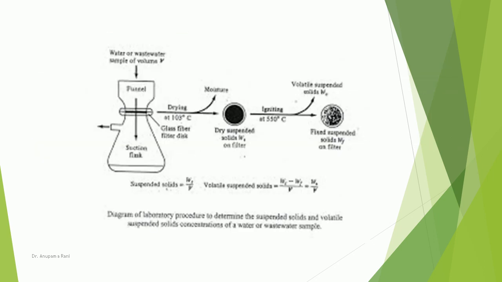In this diagram you can see how fixed suspended solids are filtered out from the wastewater in laboratory conditions. First, the water is dried to obtain dry suspended solids. Further, it is ignited at high temperature to give fixed suspended solids, FSS.